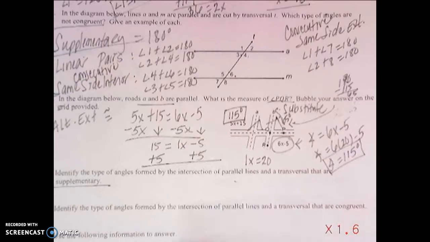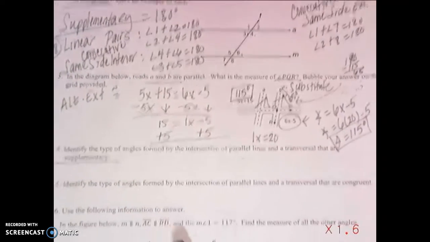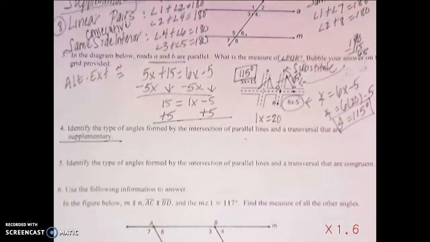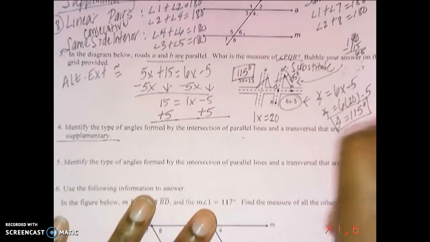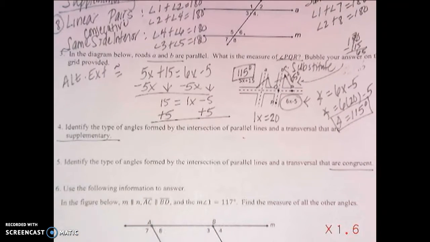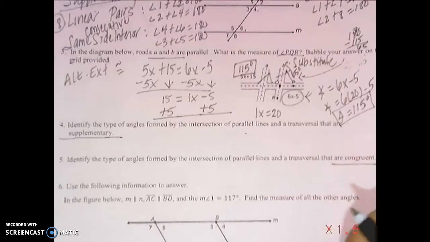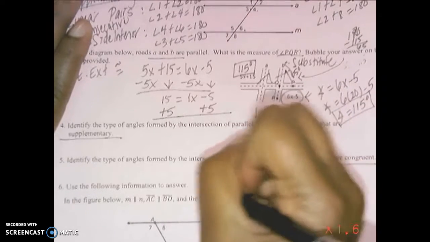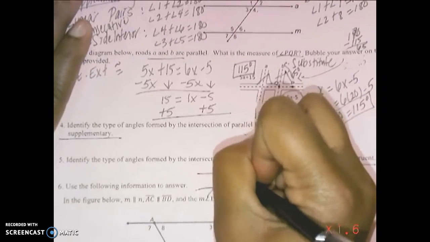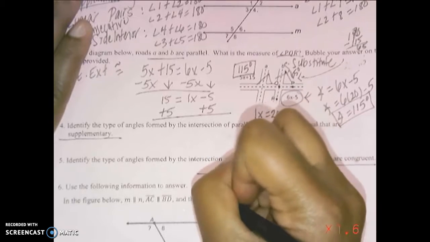Okay. Number 5, identify the types of angles formed by intersection of parallel lines and transversal that are congruent. Your congruent angles would be, let's make one. 1, 2, 3, 4, 5, 6, 7, 8.